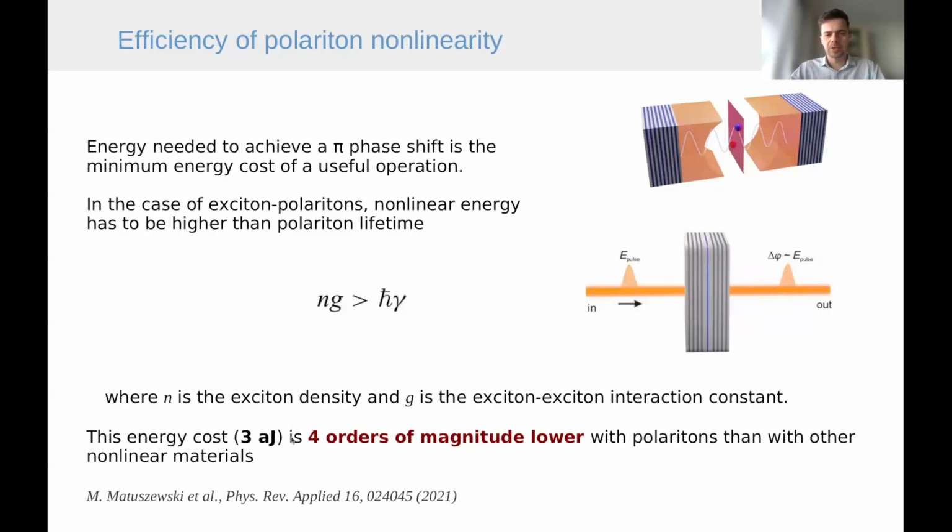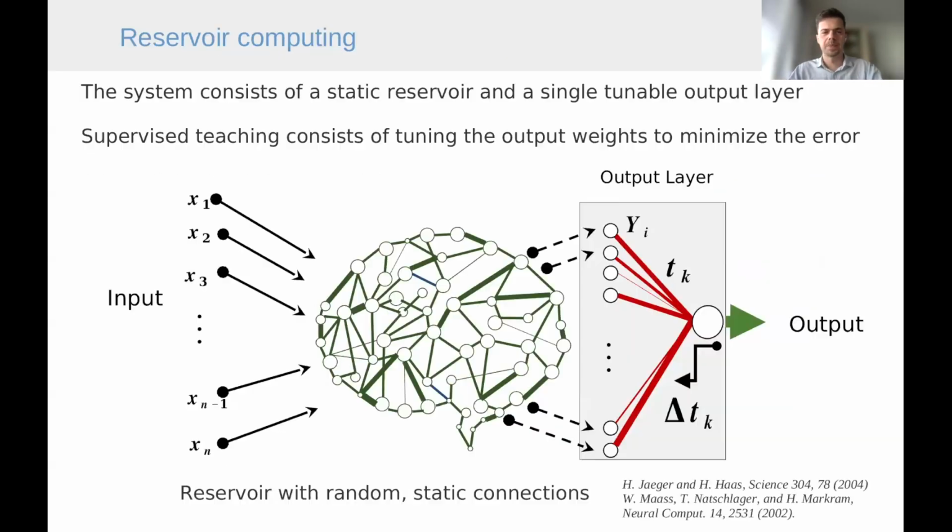And this cost is about 4 orders of magnitude lower than for other nonlinear optical materials. This comes from the fact that polaritons are half matter, half light particles. So we propose to use this fact to perform some machine learning operations using polaritons.